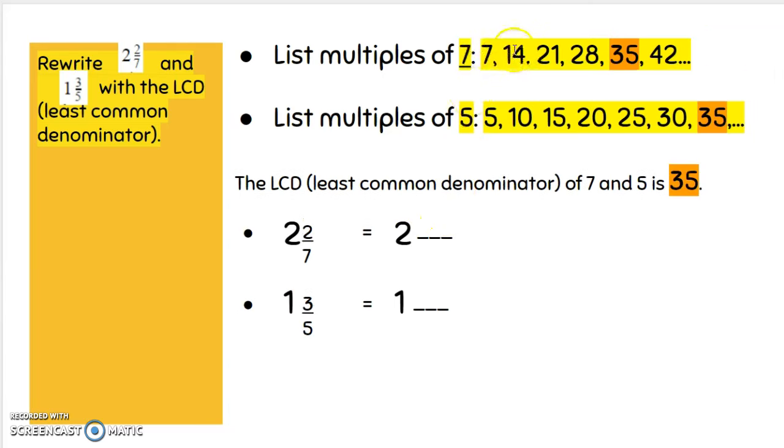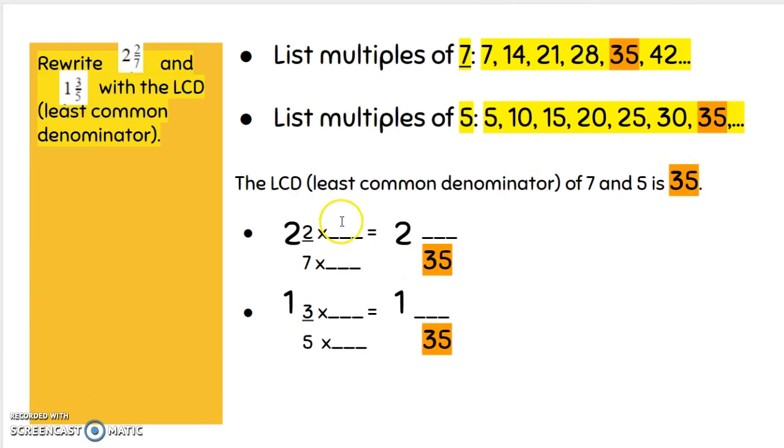Right? 7 times 1, 7 times 2, 7 times 3, and so on. And then you list out the multiples of 5. 5, 10, 15, 20, 25, 30, 35. And I'm going to stop right here because I see I have a number in common with my multiples of 7. So the least common denominator is the least common multiple of 7 and 5, which is 35.